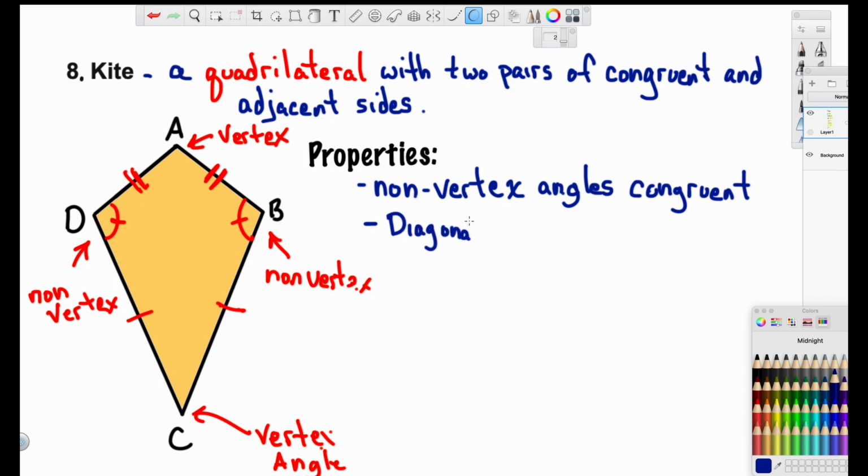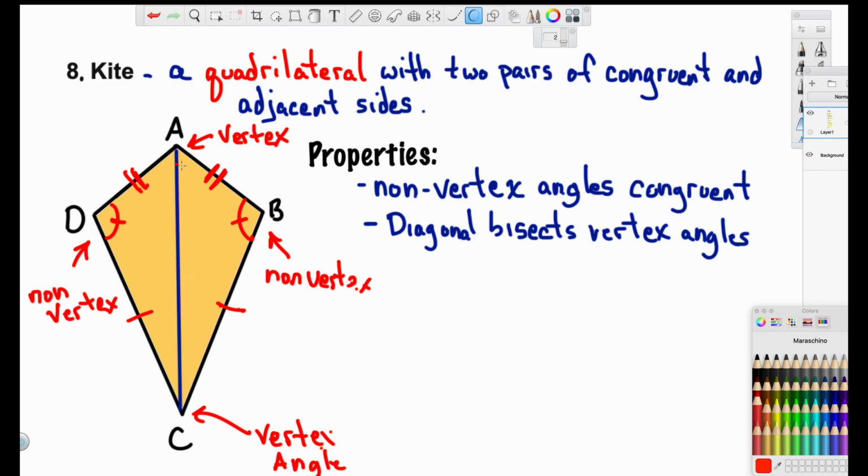And the diagonals of the kite are going to bisect the vertex angles, so they're angle bisectors. It's going to give us two congruent triangles on that left side and right side.